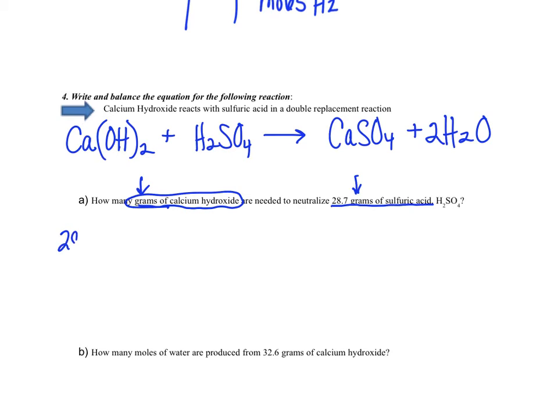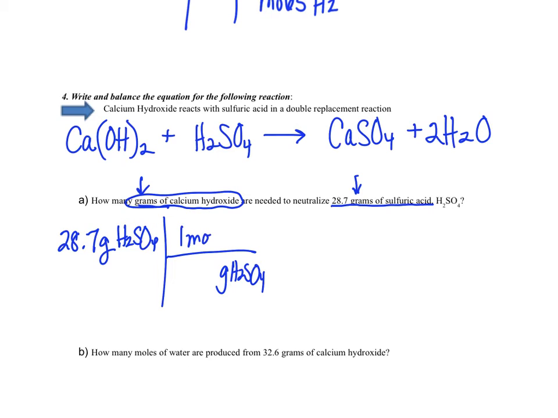So you go 28.7 grams of H2SO4, line, line. Here's your molar mass, grams of H2SO4 in 1 mole of H2SO4. I don't have my chem helper or a calculator here.